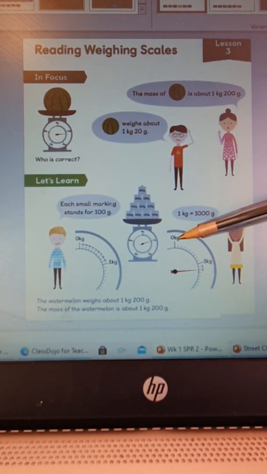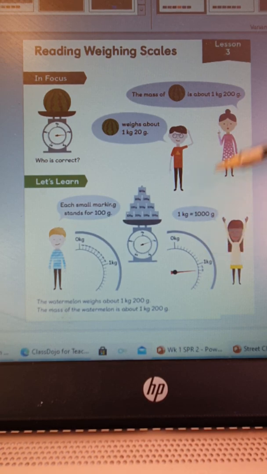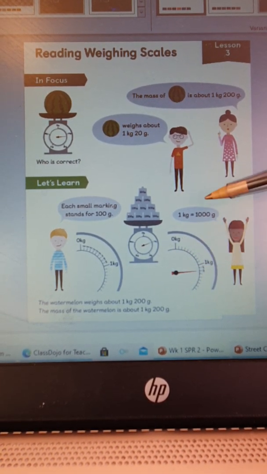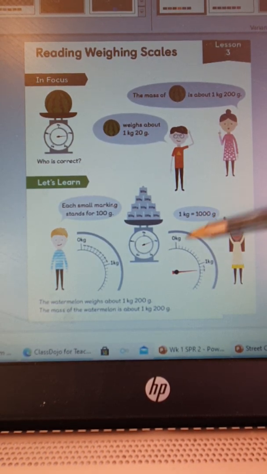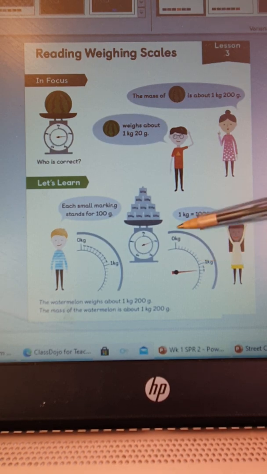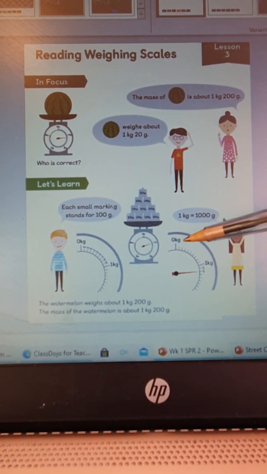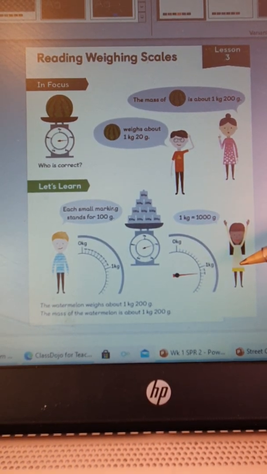We can see here, if we look at this, we've got 0 kilograms, 1 kilogram. So 1 kilogram, it says here, is 1,000 grams. So there's 10 intervals between 0 and 1,000 grams. So it's asking us how many tens are in 1,000?